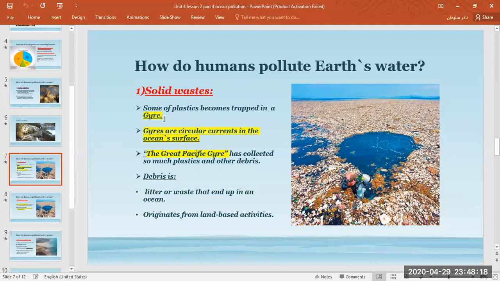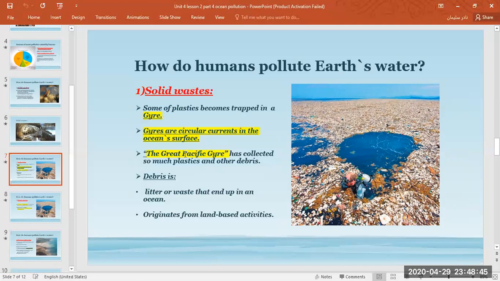Throwing more and more plastic to the ocean will cause these plastic wastes and other wastes from the land to be part of this gyre, right? Look at this picture, you can observe they are part of the circular motion. So they are trapped in the gyre. These wastes from the land, they are trapped in the gyre.